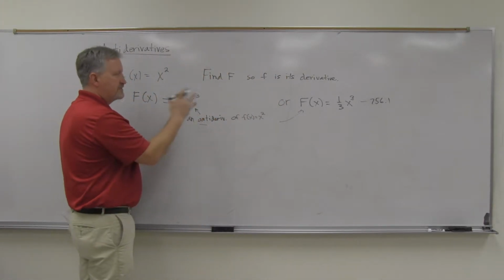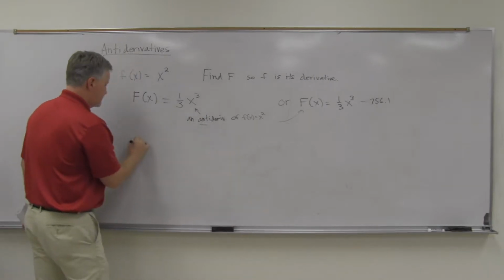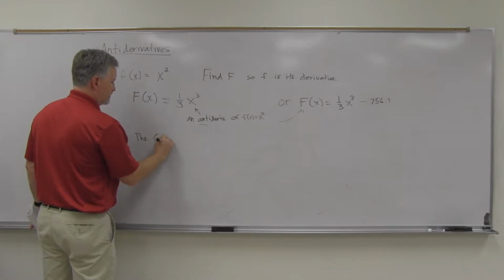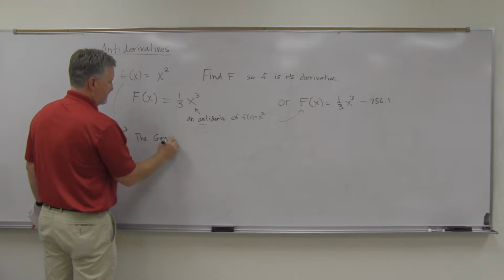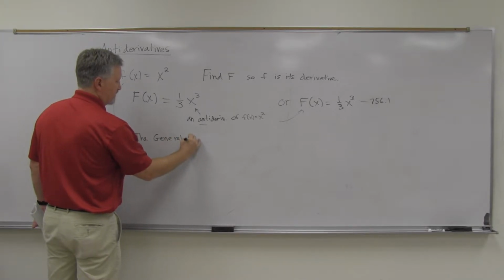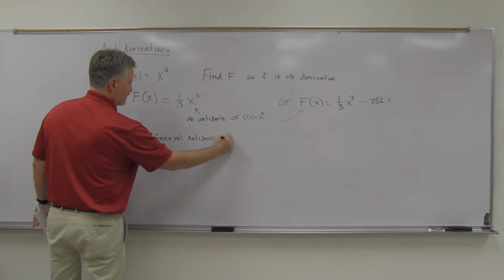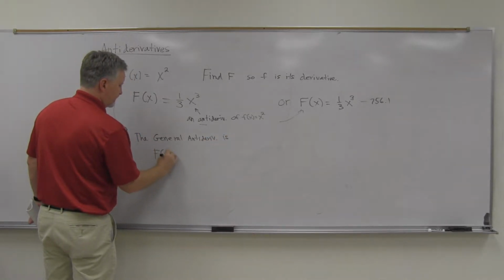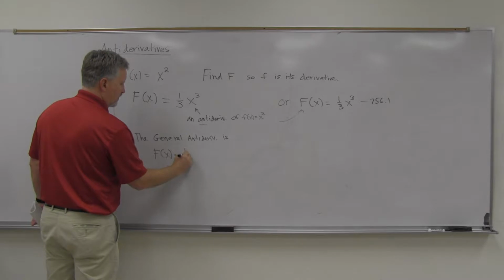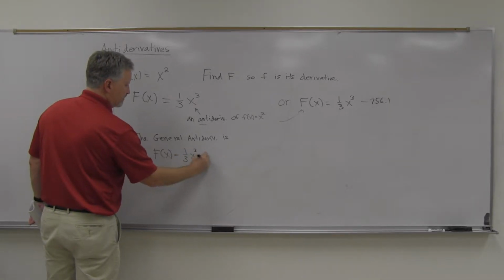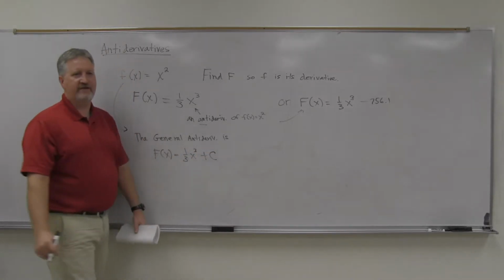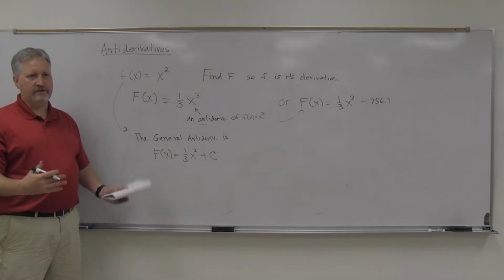Typically, what we say is the general antiderivative of f of x is big F of x equals 1/3 x cubed plus any number that we could think of, which would include negative numbers.